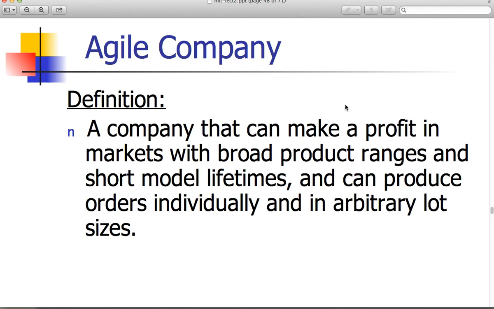So change is kind of a big word and a global concept, but looking at change and adapting to change is really the philosophy behind being an agile company. The textbook definition of an agile company is a company that can make a profit in markets with broad product ranges and short model lifetimes and can produce orders individually and in arbitrary lot sizes.